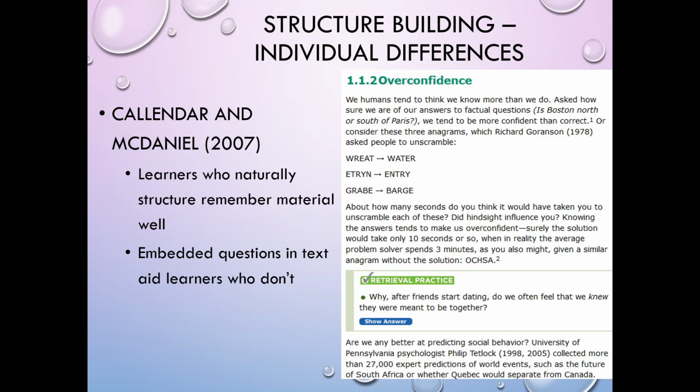If you know about yourself that you tend to be more like I tend to be, which is, you might read it, but then maybe not really thoroughly be processing, not really be tying it to what you already know. If you're not taking that extra leap on your own, then take advantage of those embedded questions and actually think about them and try to think, why would they ask me this after I just read this section on overconfidence?